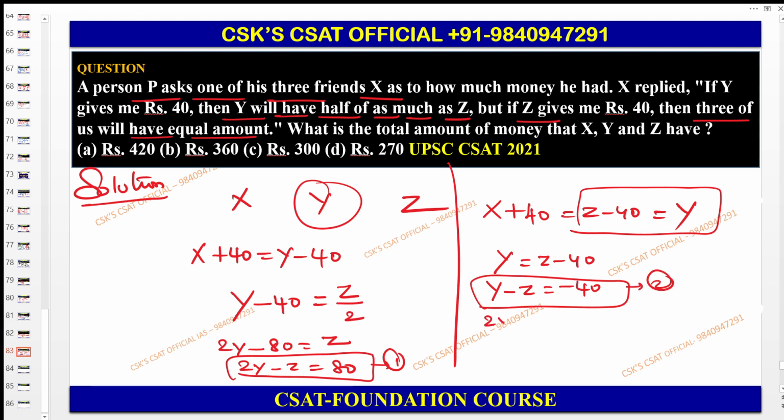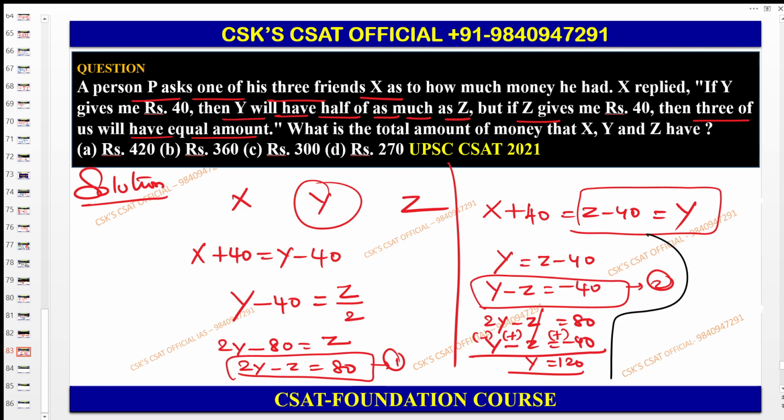That's it. 2y minus z is equal to 80. Then y minus z is equal to minus 40. Same sign means multiply with the opposite sign. So z cancels. We're getting y is equal to 120. That's it. If you know the value of y, easily you can find out the other unknowns. Substitute anywhere. So y substitute in 2. Y is nothing but 120 minus z is equal to minus 40.